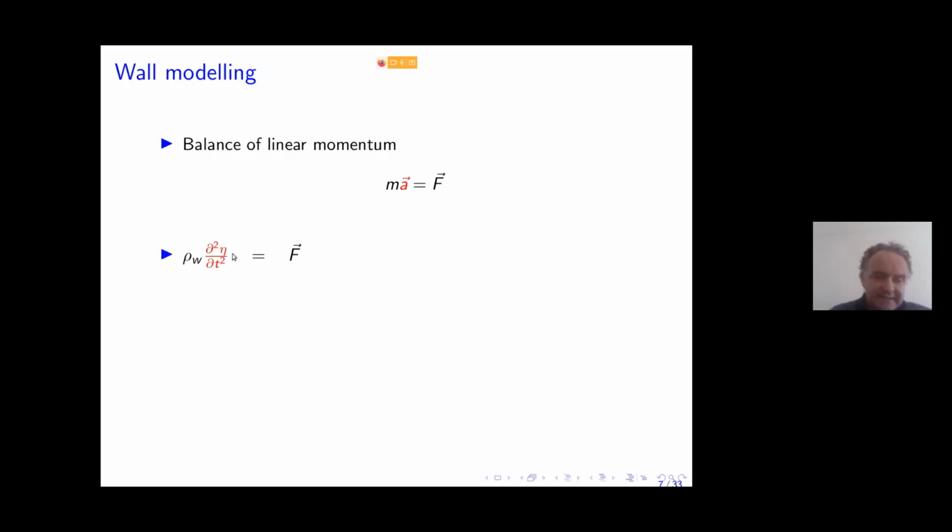So we have the second time derivative of eta, which is the displacement here, and we have a force that once again will be given by the divergence of a certain tensor. Because this tensor is not a symmetric tensor, it can be written in terms of a symmetric tensor, and the way we define this symmetric tensor will describe the properties of the wall.